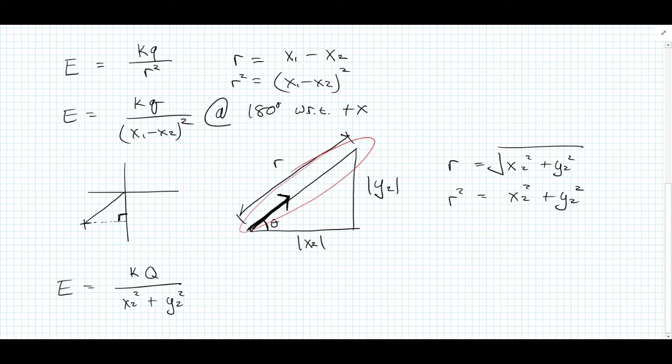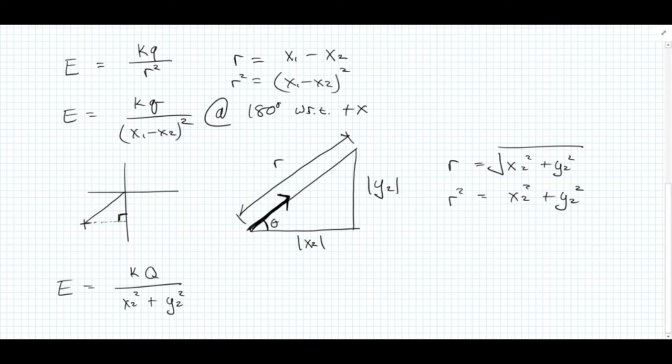This long side is always called the hypotenuse, but with respect to this angle that I have drawn, this bottom side is the adjacent side, and this vertical side is the opposite side. So I could use trig to figure out what that angle is in terms of the length of the opposite side and the length of the adjacent side. And that's what I'm going to do.